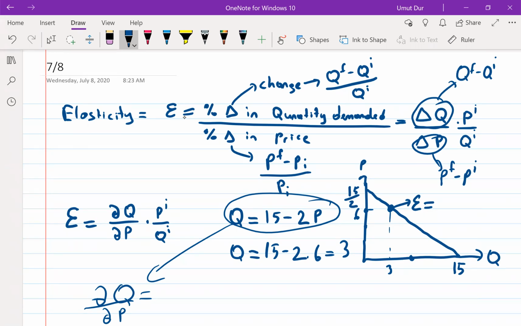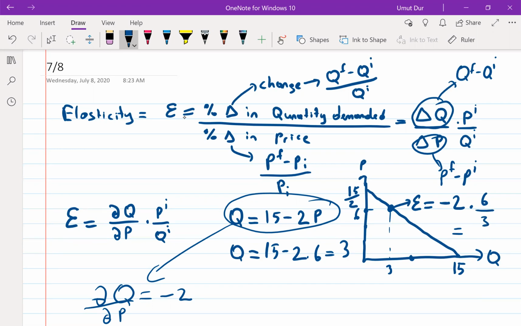Come on, guys. It is minus 2, yes. So minus 2 times the price level, which is 6, over the corresponding quantity level, which is 3.